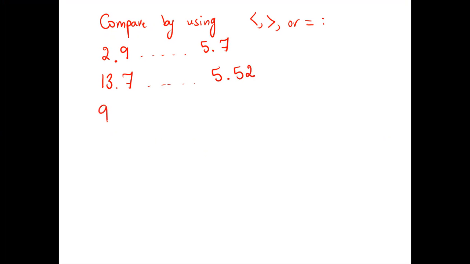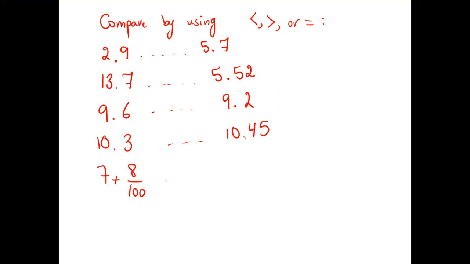Another example, 9.6 and 9.2, 10.3 and 10.45, 7 plus 8 over 100, and 19 plus 2 over 1,000.